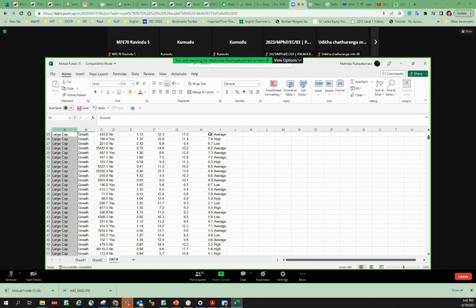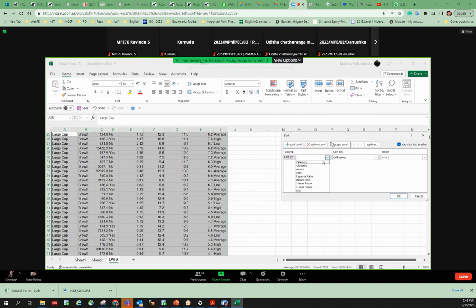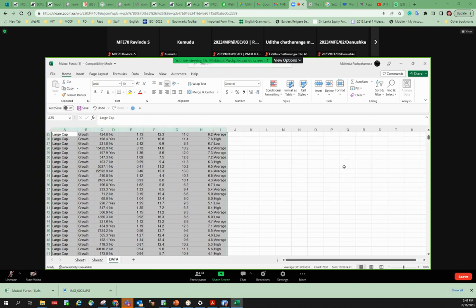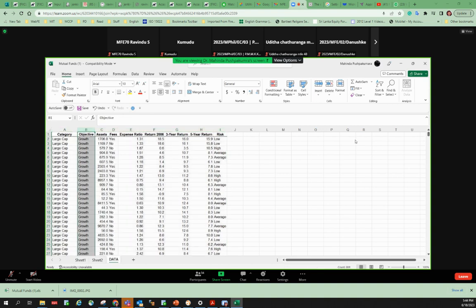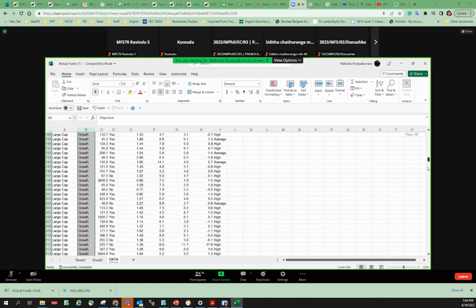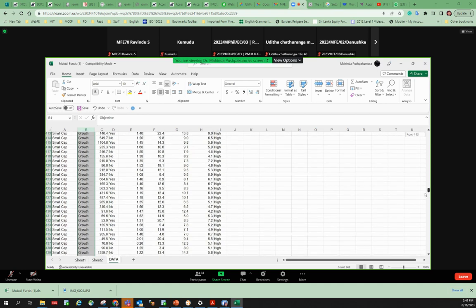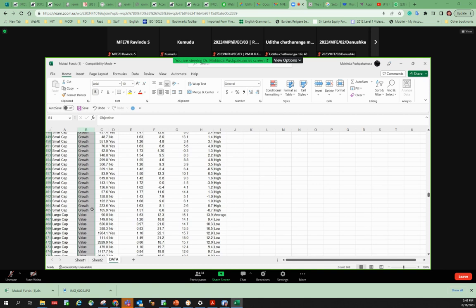First, you have to sort this data in column B, objective. Then the first set of funds are growth funds, up to this point, growth fund.